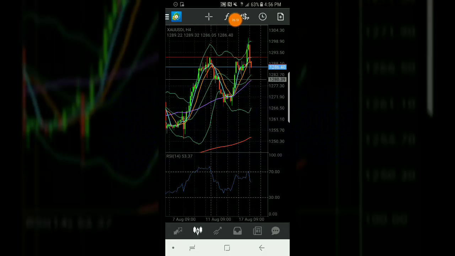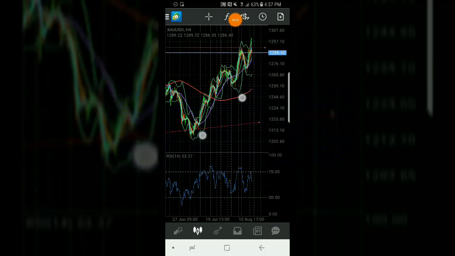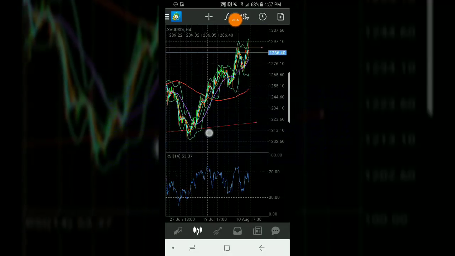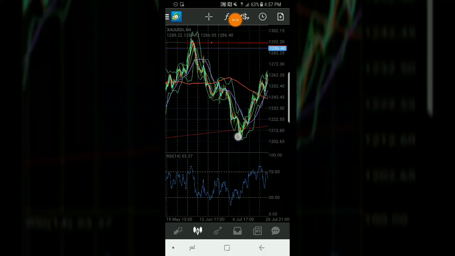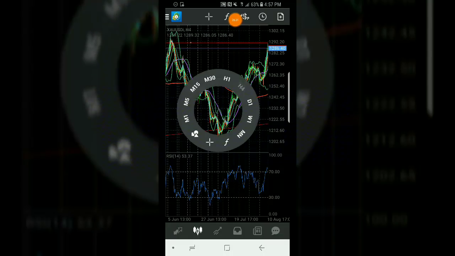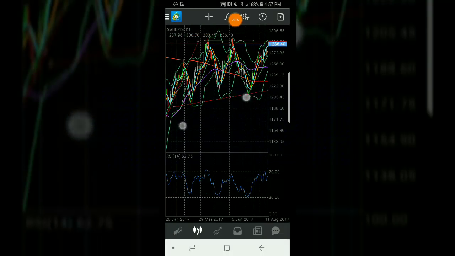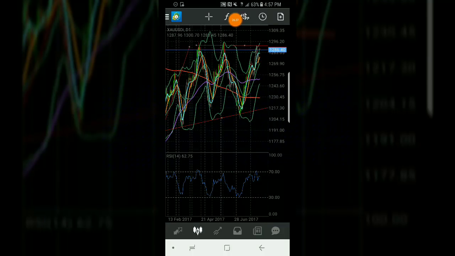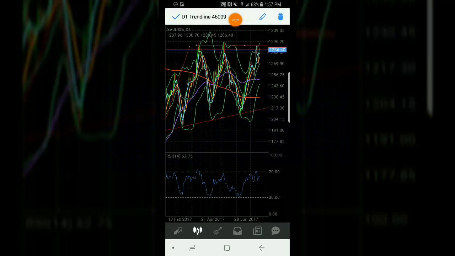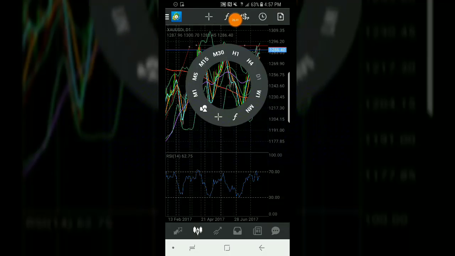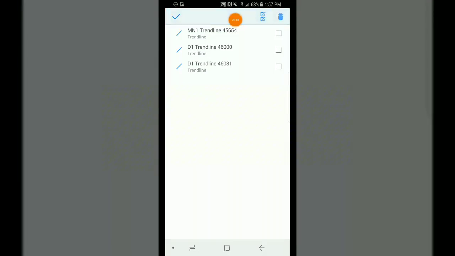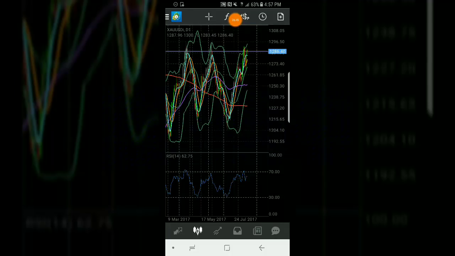So you see how the indicators work and paint you a story. If I were to zoom out a little bit and take a look at the chart on the daily. Okay, I'm going to take away my indicators here and actually go to the indicator screen, delete all of those so my indicators are out of the way.